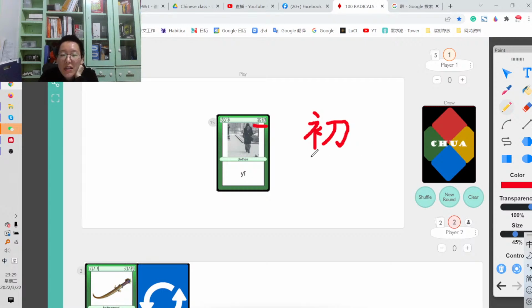Okay, so this character originally means you use a knife to cut some clothes and to make a clothes, to make a coat maybe, or to make a dress. So this one nowadays it means beginning. So beginning, start to cut, to cut.